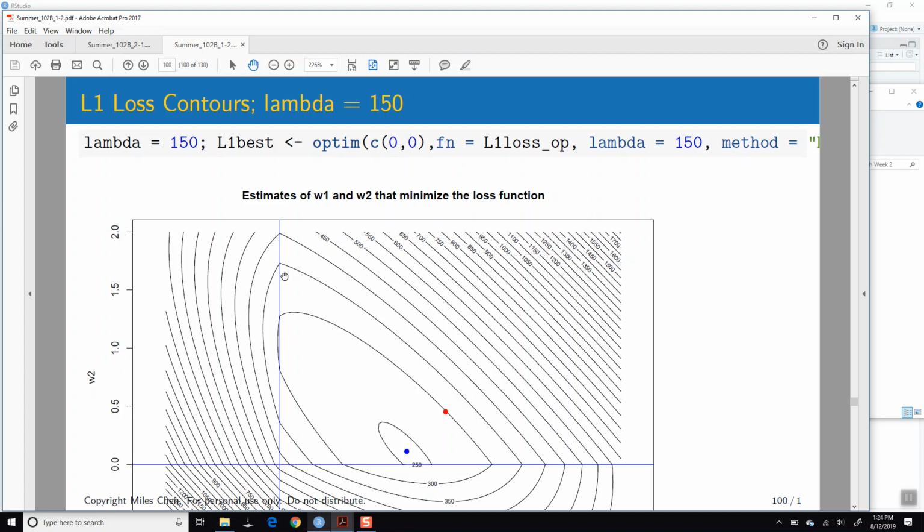And what's going on is that at this point, our W's incur some penalties, okay?